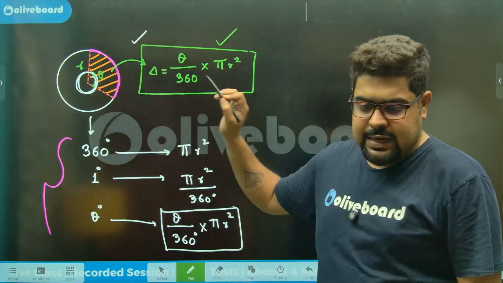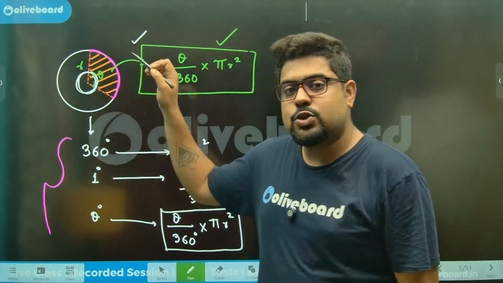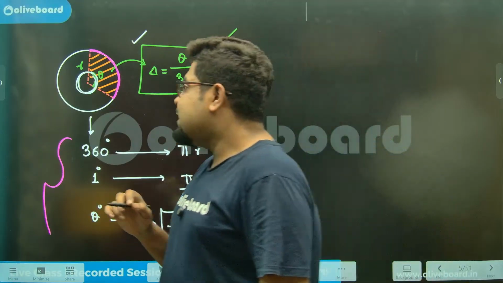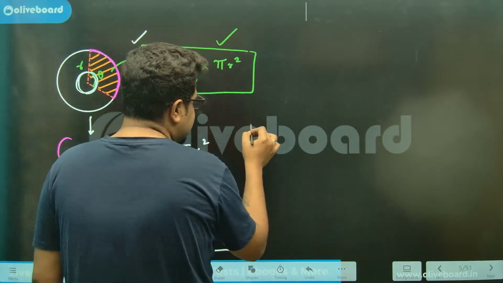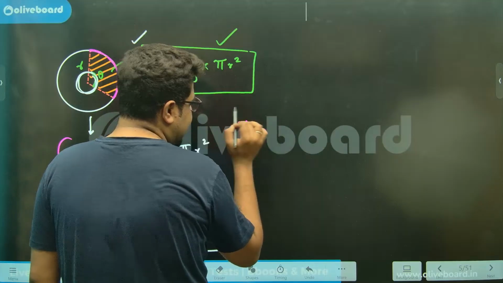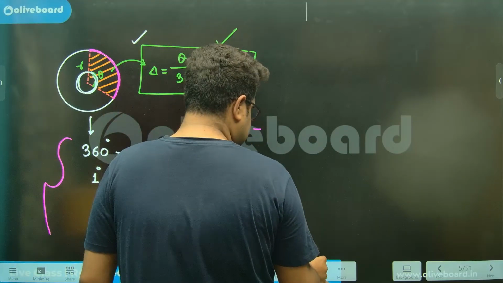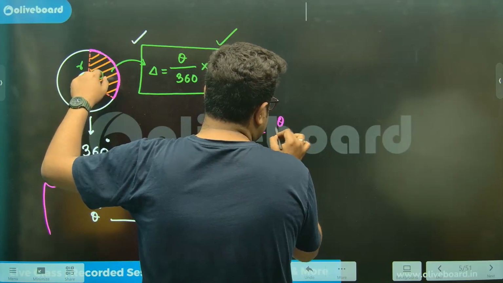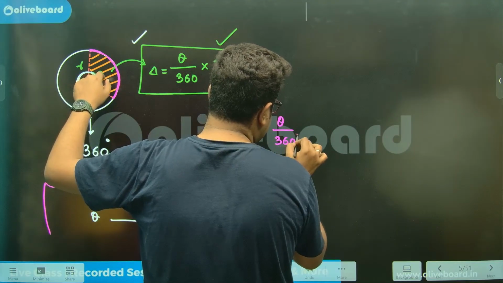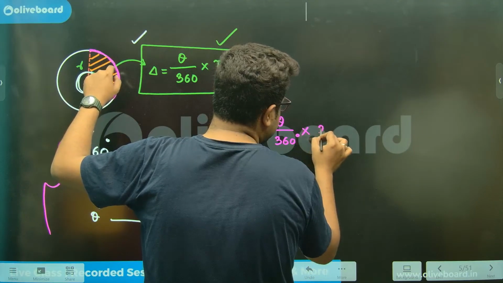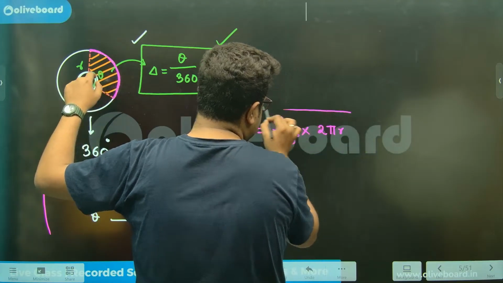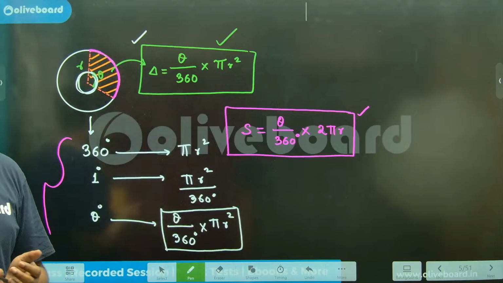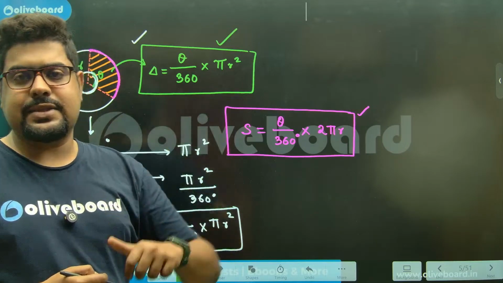For 360 degrees, the total arc length is 2 pi r, the whole circumference. For theta degrees, the arc length, which we generally call L or S, is theta divided by 360 into, instead of pi r square, 2 pi r. This is the arc length formula.